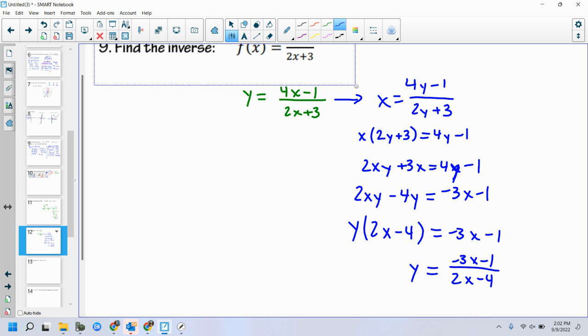And that's f inverse. And if I'm using the correct notation there, I'm going to say f inverse of x equals. Cool. Let me just double check. Oh, I was looking at the original problem. Negative 3x minus 1 over 2x minus 4. Perfect.